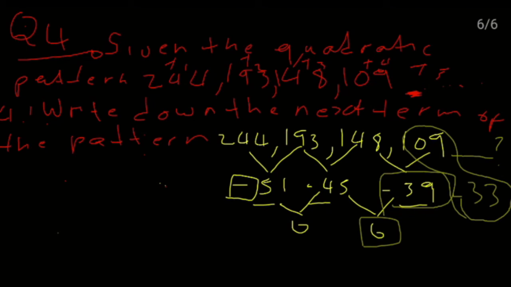Now why do I do that? If you can follow how your second term was determined in this pattern, it was determined by saying 244 minus the first difference should give you 193, and you go on in that order.